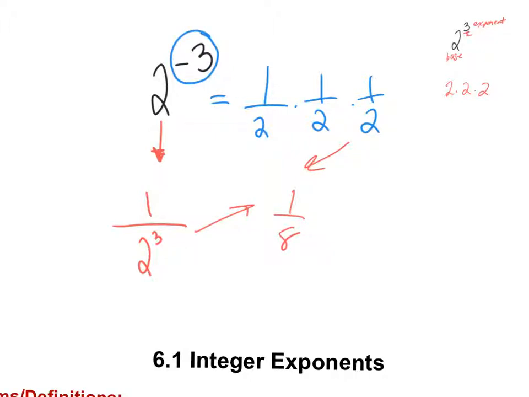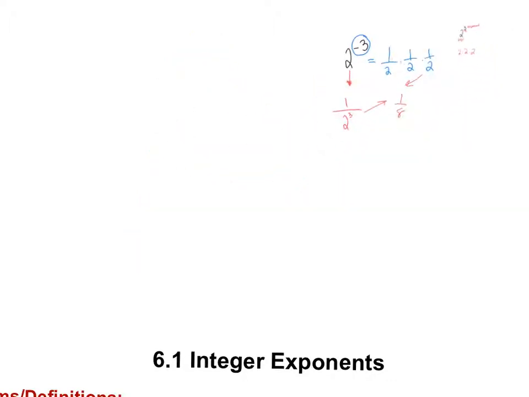Similarly, when we have things that are exponents of 0, we have to understand what that really means. So let's say that I had 2 to the power of 0. What this is showing is something that would look kind of like this.